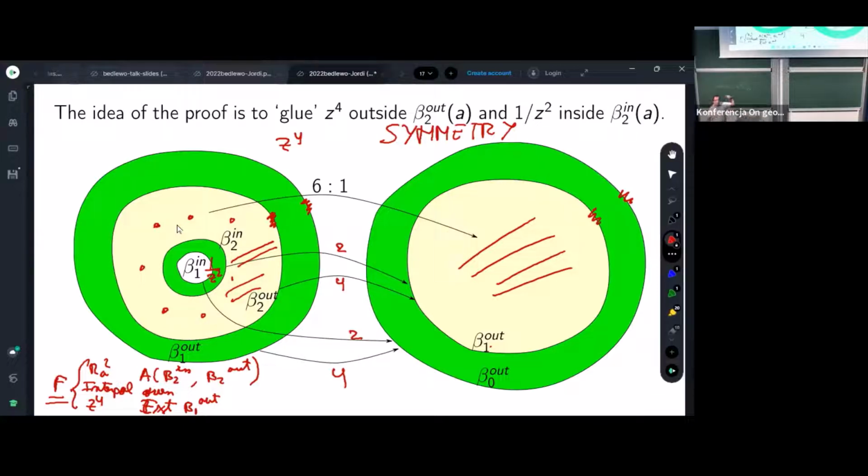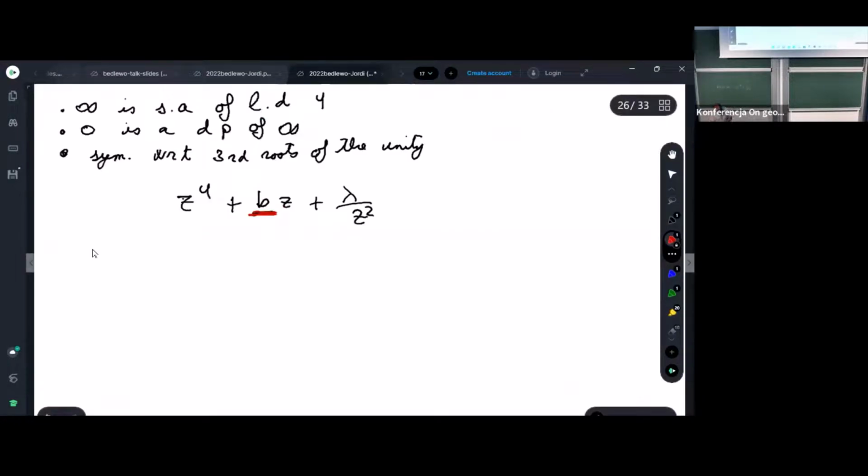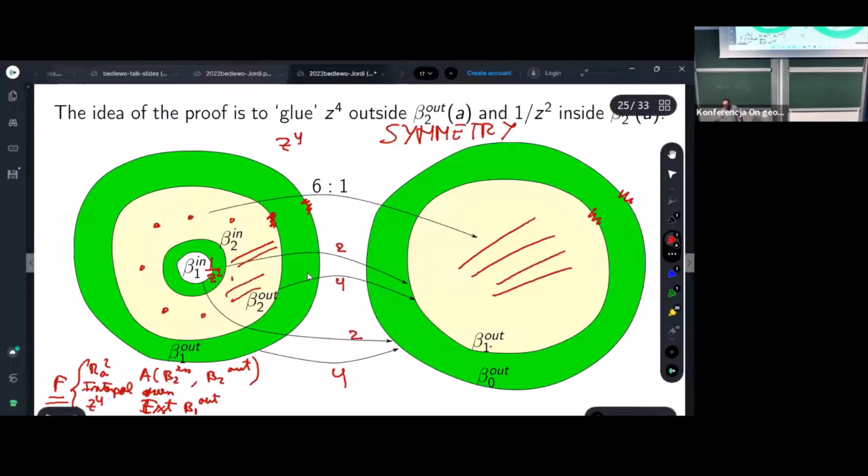But R only has 3 critical points, which means that whenever we iterate these 6 critical points under R squared, they are mapped to only 3 critical values. It can be shown that the 6 critical points cannot be mapped onto a single critical point, because then you would have problems with the degree. Our map has degree 6.